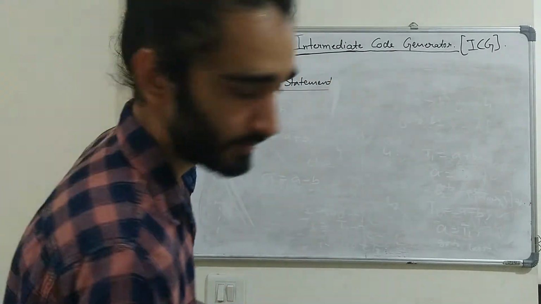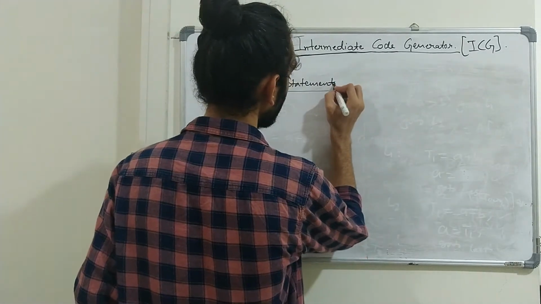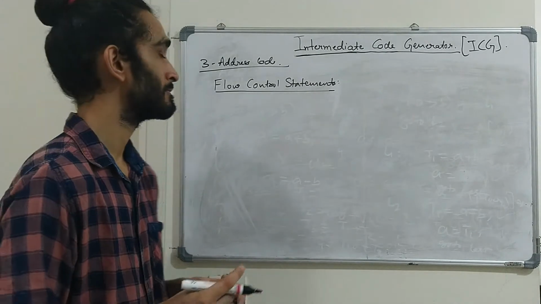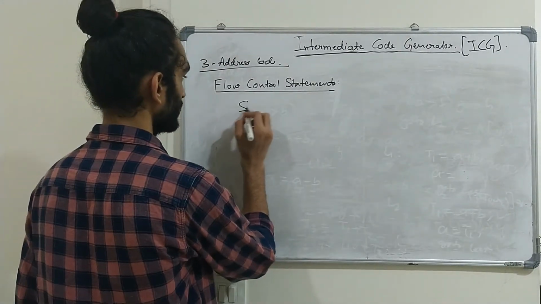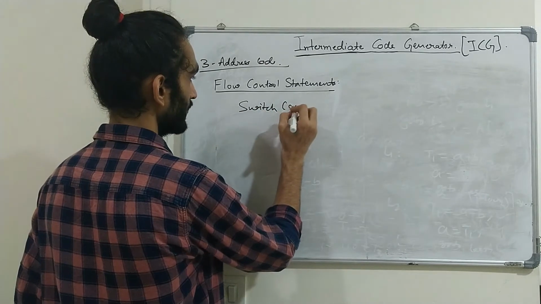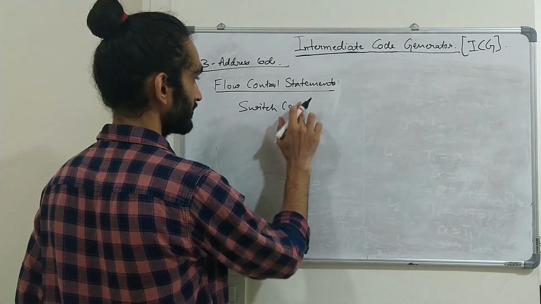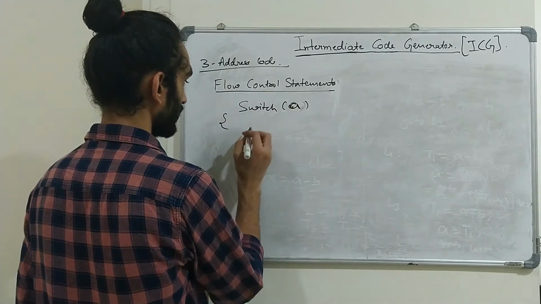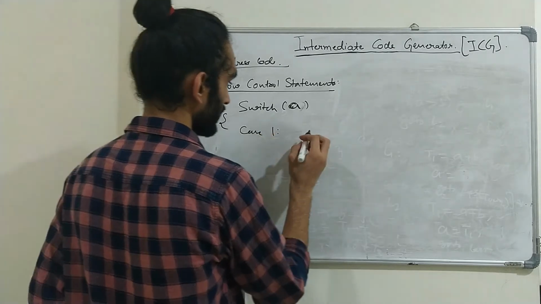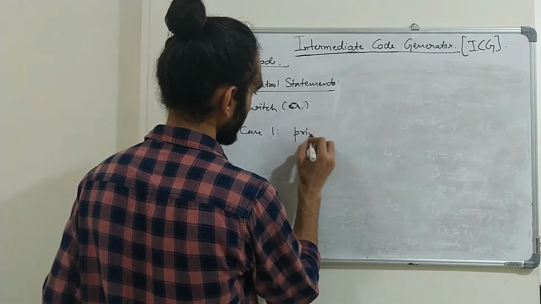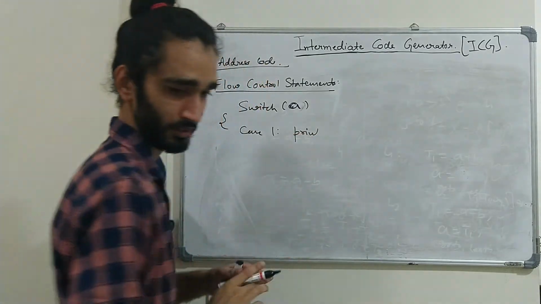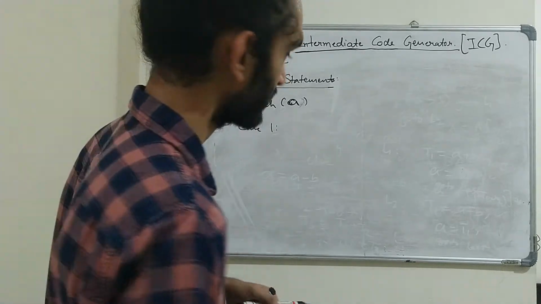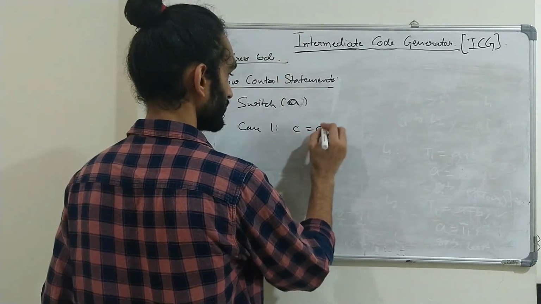So the switch statement: switch A plus B, or simply write switch A. Now case 1, which says, suppose printf, not printf, I will explain printf afterwards, how to write it. Let's write an expression in here first. Let's say c equals d plus e.